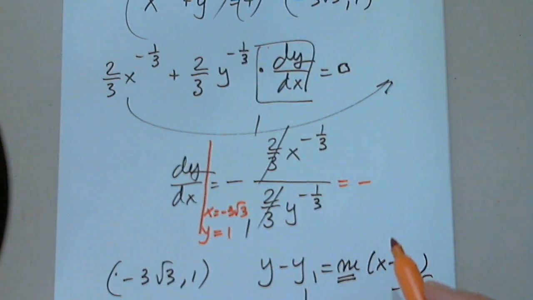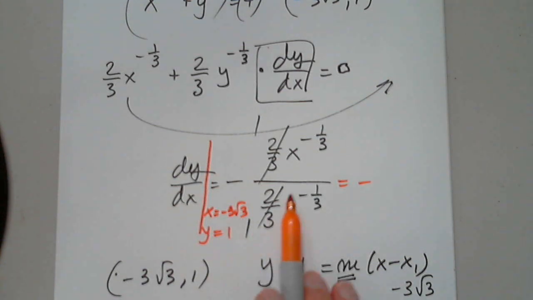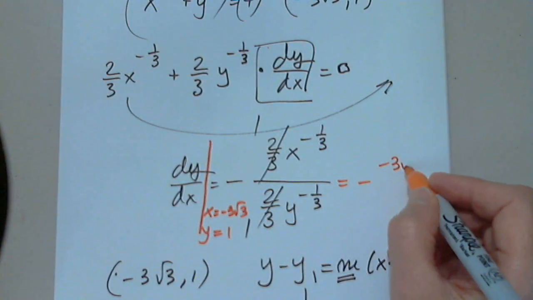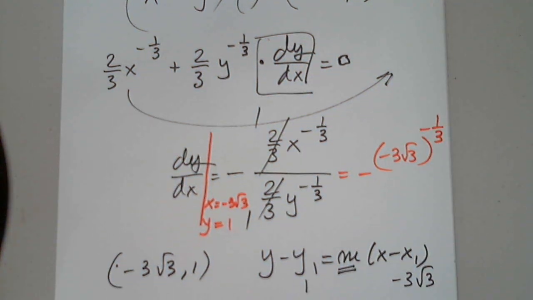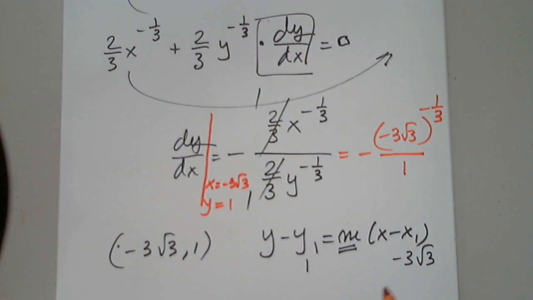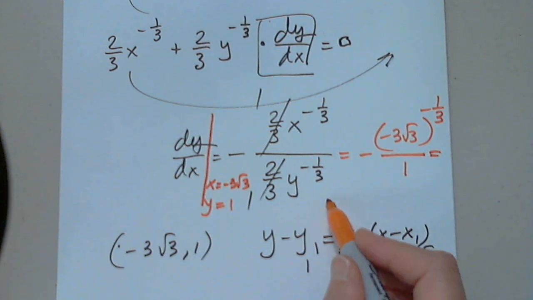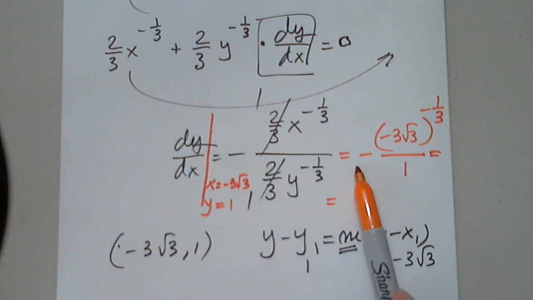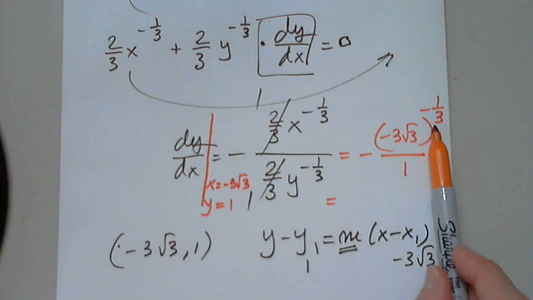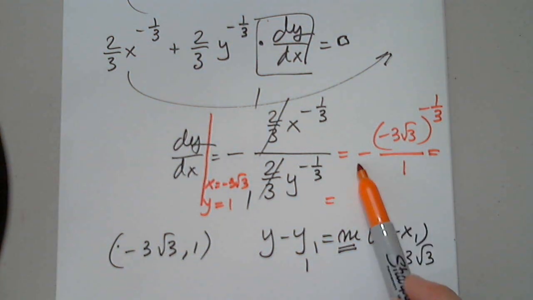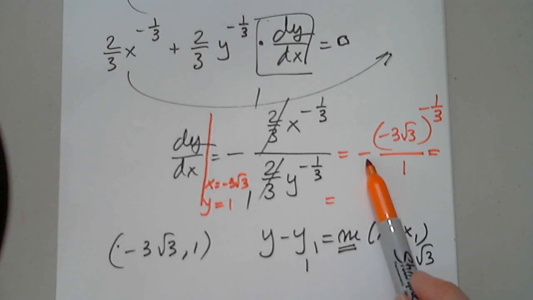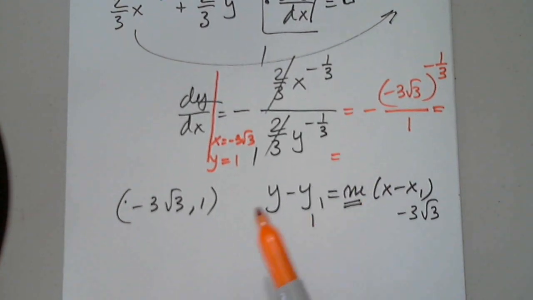So we have negative in front, x, -3 the square root of 3 to -1/3, and 1 to -1/3 is just 1. So this is the slope. Although it's very ugly, negative outside, negative, negative, so this is a cube root, so it will be negative, with minus in front, it will be positive. So let me explain all this, a little number.